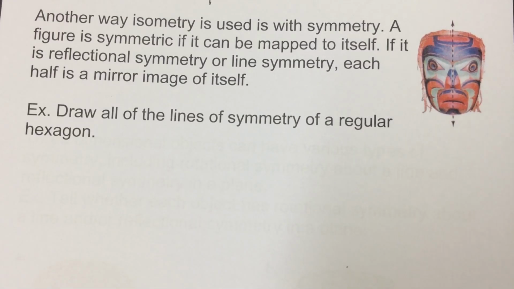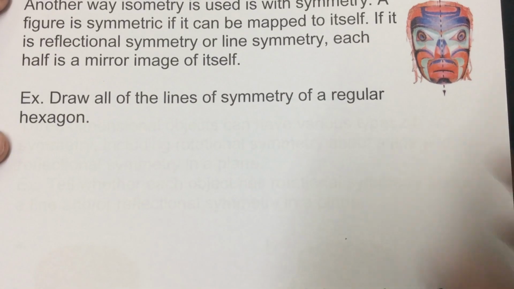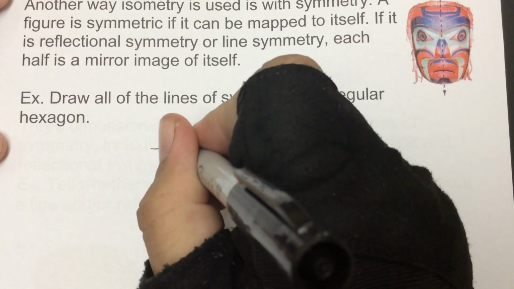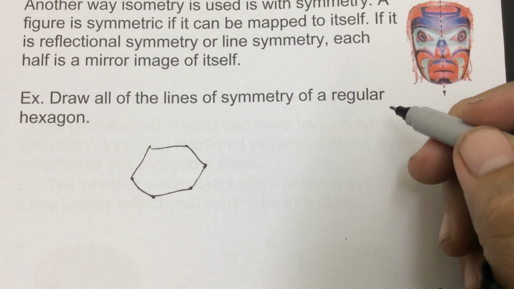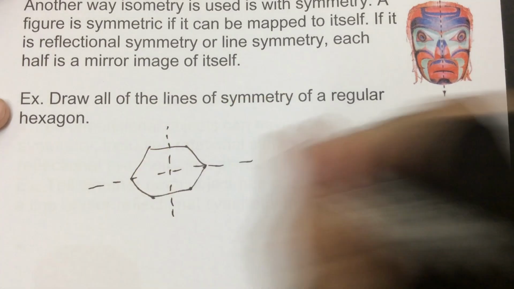Now, if we think about a regular hexagon, so a hexagon has 6 sides. So 1, 2, 3, 4, 5, 6. So we have our 6 points here of our hexagon. So really we can split this down each way, down the middle this way, or down the middle this way, and it would match up.